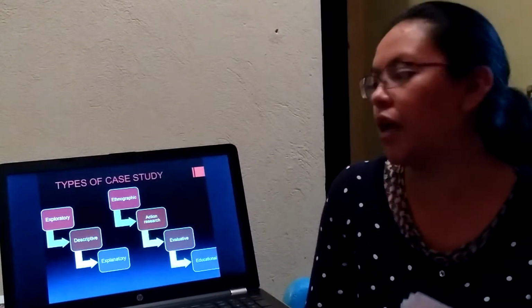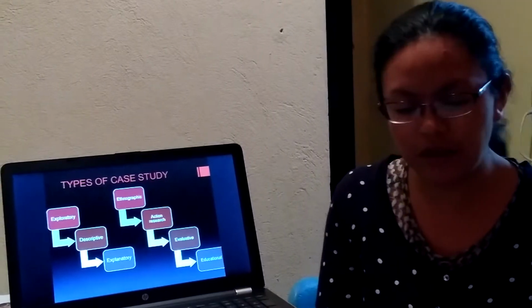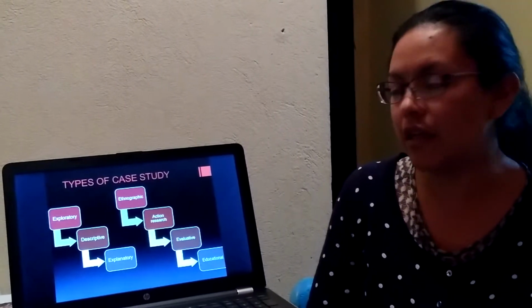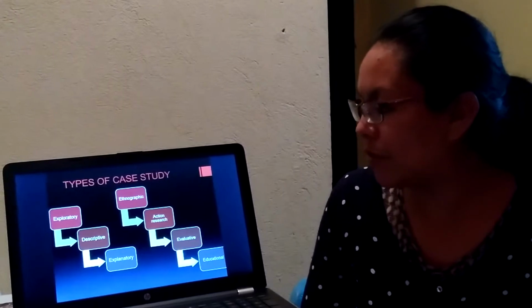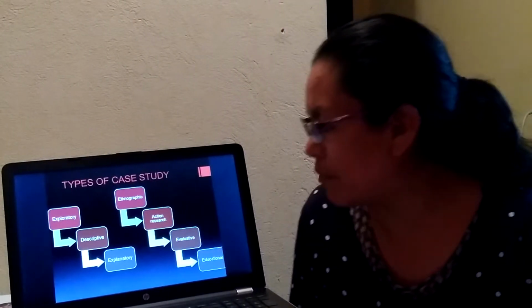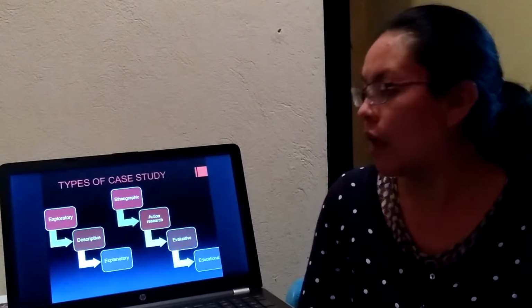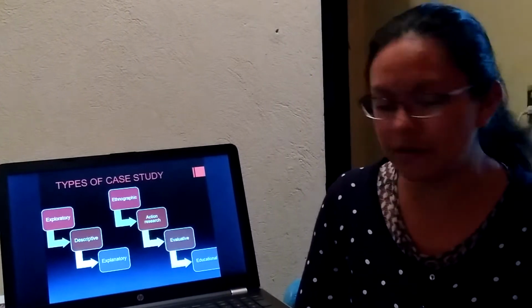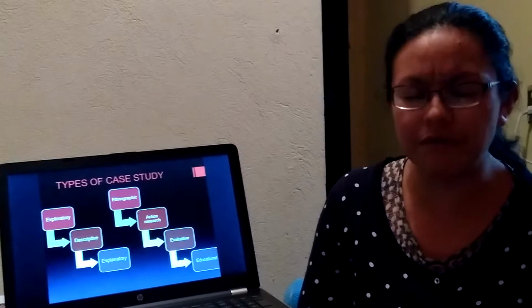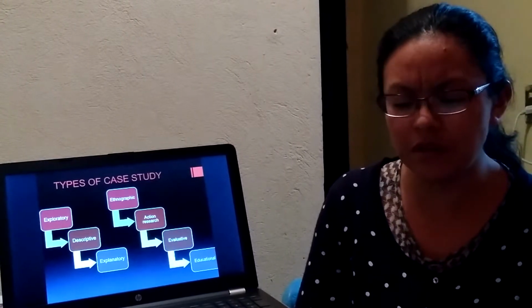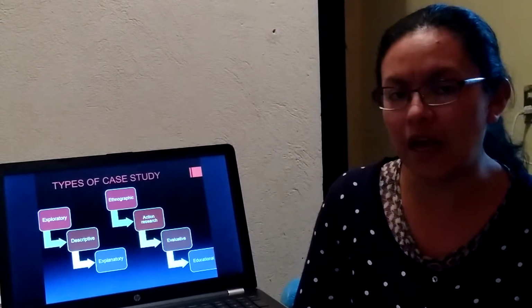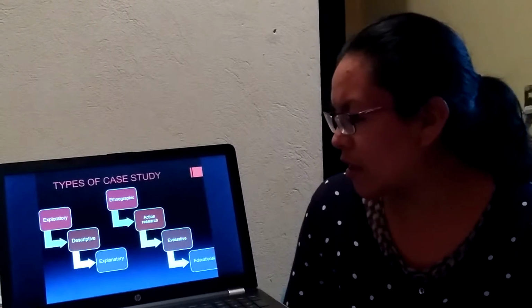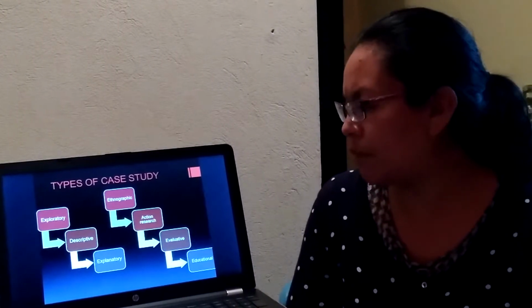There are many types of case study. Yin, 1994, talked about three types. The first one is the exploratory. Here the researcher refers to the research questions or generates hypotheses. The second one is the descriptive.